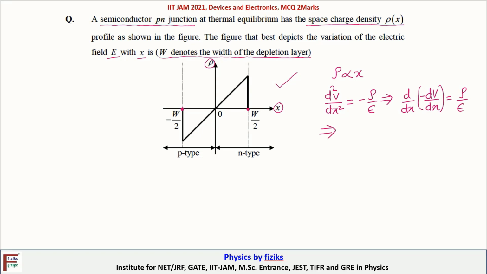E is minus dV by dx, so we can write this variation as dE by dx is rho by epsilon. And since this is proportional to x, E is proportional to x squared.